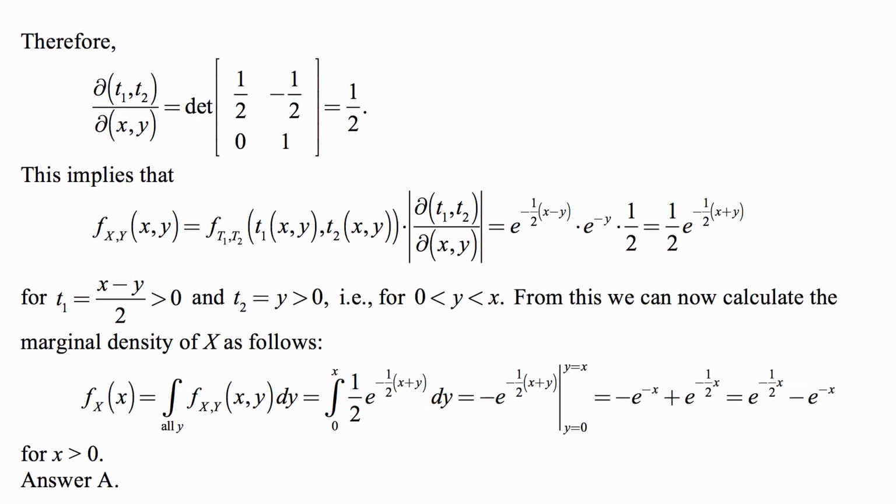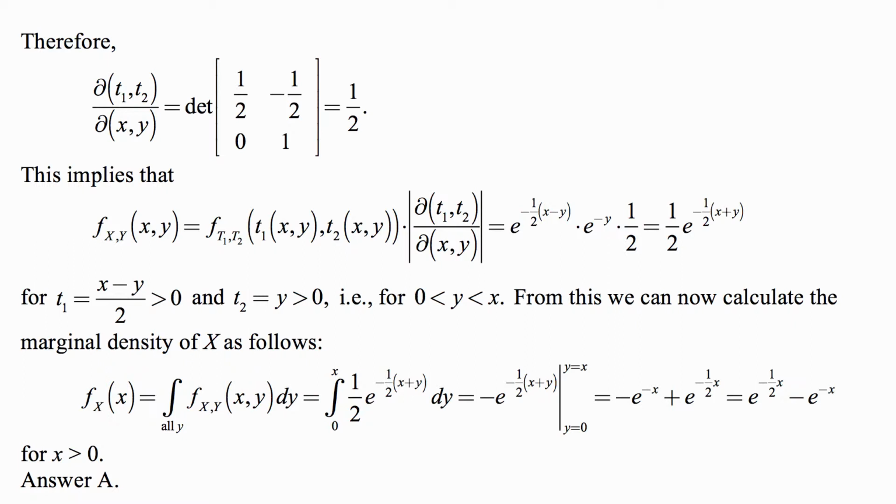Well, okay, then T1 is (X minus Y) divided by 2, so the partial derivative of T1 with respect to X is 1/2, and with respect to Y is negative 1/2. And T2 is equal to Y, so the partial derivative of T2 with respect to X is 0, with respect to Y is 1, and the determinant of that matrix of partial derivatives is 1/2.